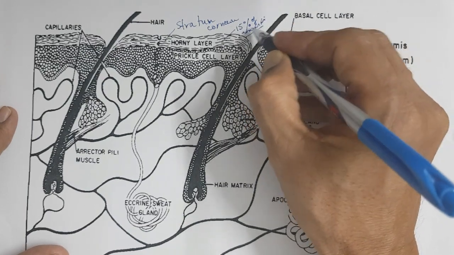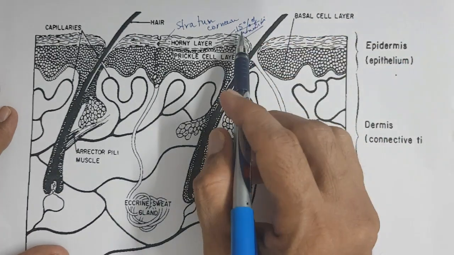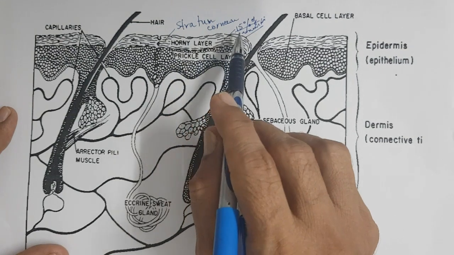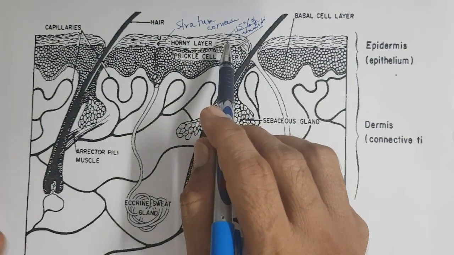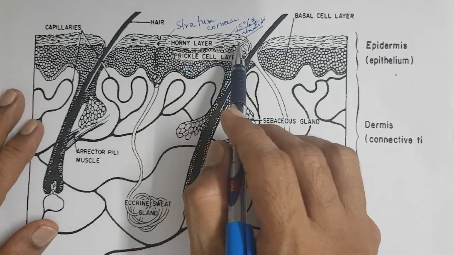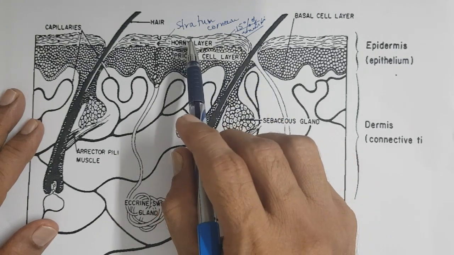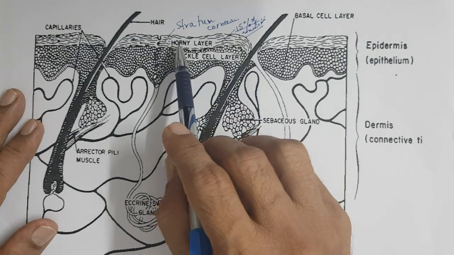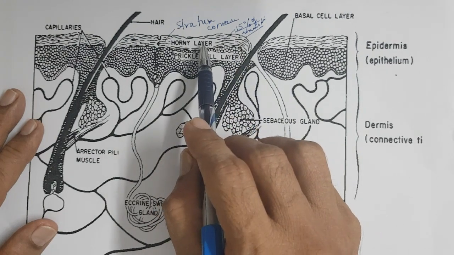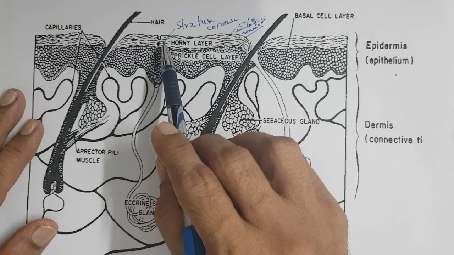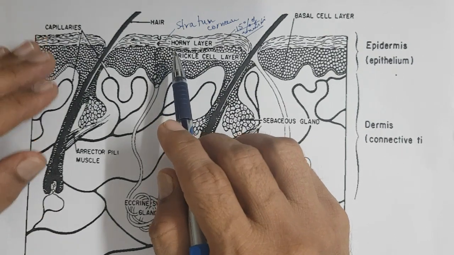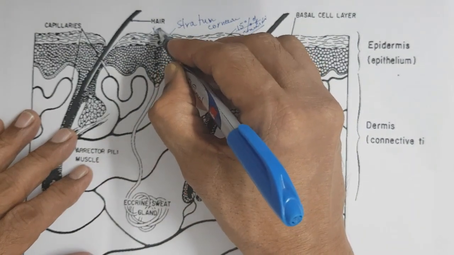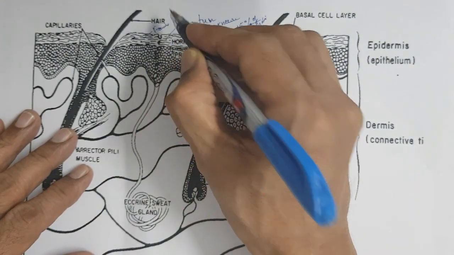If it reaches below 10%, it becomes dry and loses its integrity, and you get a lot of skin irritation and skin problems. It will lose its barrier properties, right?